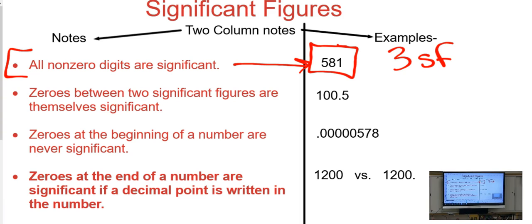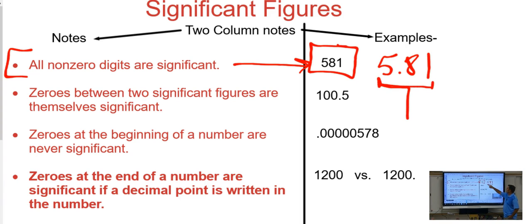The second skill, remember, was to write it in scientific notation. In scientific notation, this number would be 5.81. I have to account for the 3 significant figures, times 10, and then you just move over. 1, 2, 10 to the second. That would be this number written in correct scientific notation.